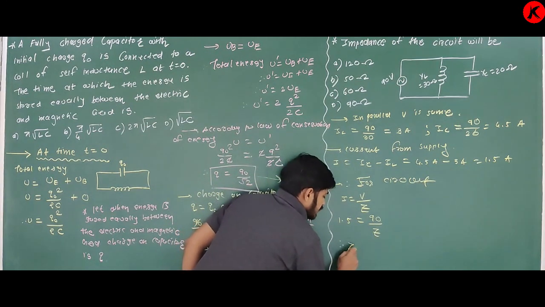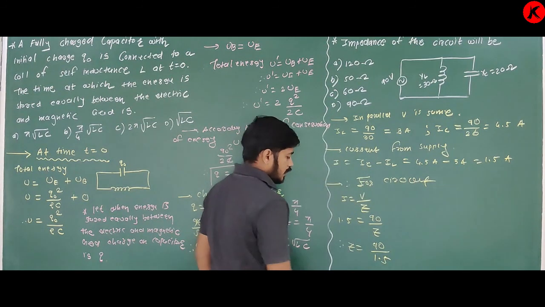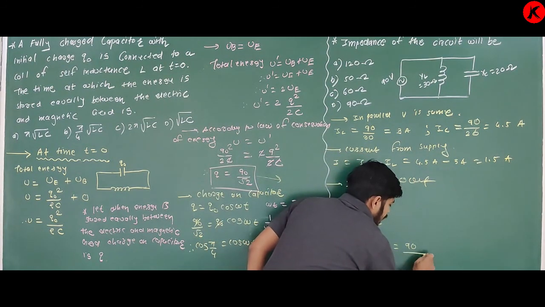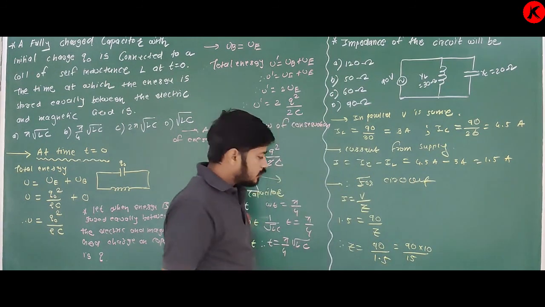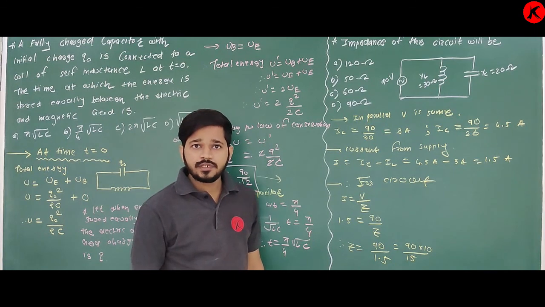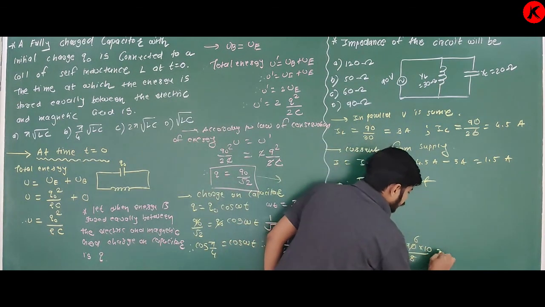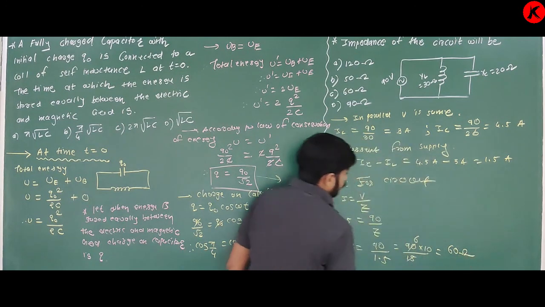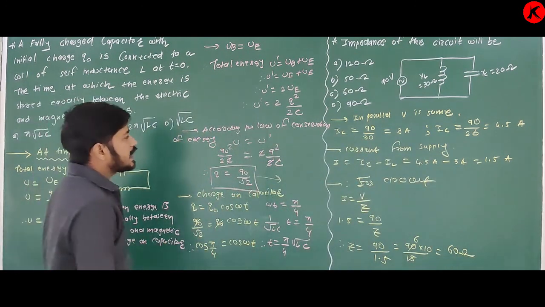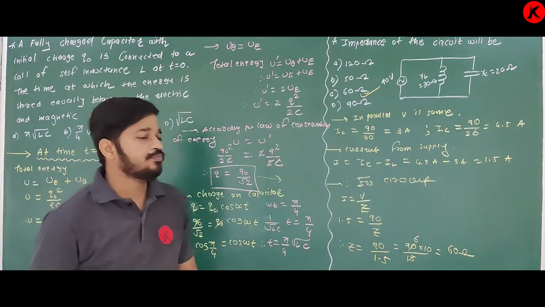So Z is equal to 90 divided by 1.5, which is 15 into 6, it is 90, so Z is equal to 60 ohm. So your answer is 60 ohm.